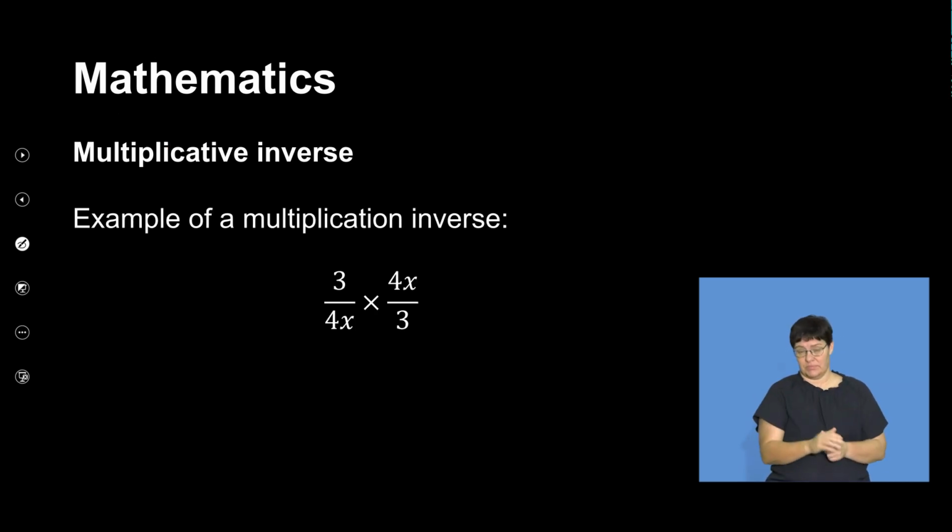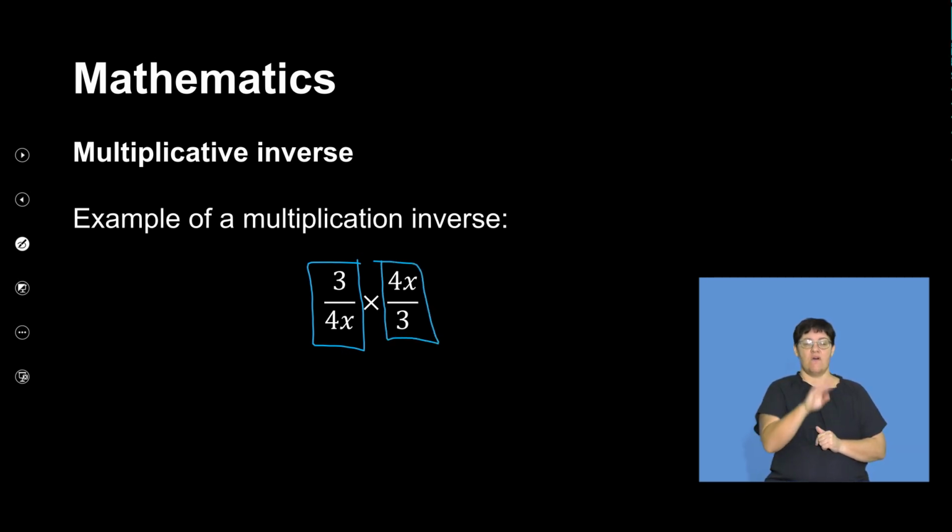Now, a typical example will be me having the question as just 3 over 4x. That's my question, right? And I want to show you what the multiplicative inverse of this will be. It will then be 4x over 3. Why? Because the 3 and the 3 will divide, the 4x and the 4x will divide, and this will give me an answer of 1, as the instruction said.